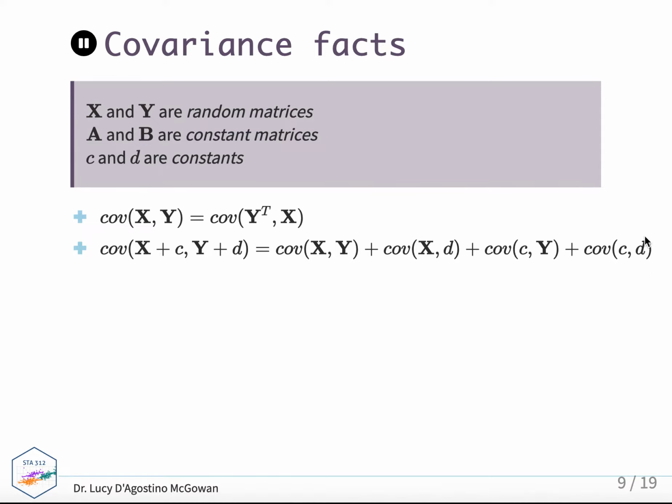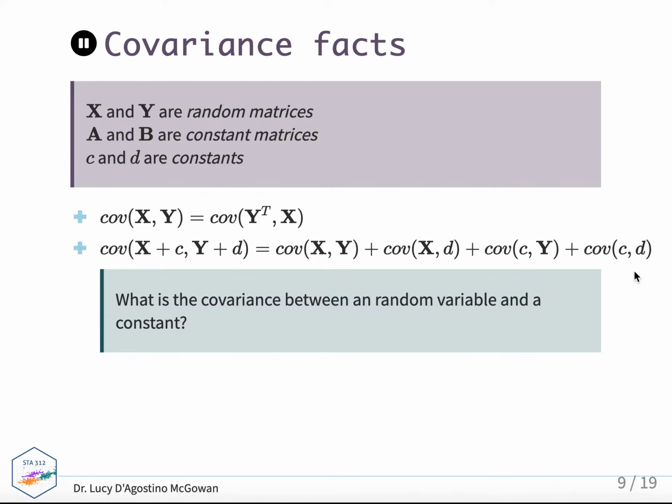Okay, so now we actually can reduce this down a little bit, and you might intuitively see this, but remember that c and d are constants. So what's the covariance between a random variable and a constant? Well, covariance describes this variability between two variables, how two variables covary.